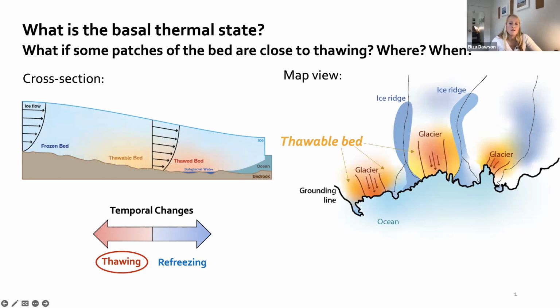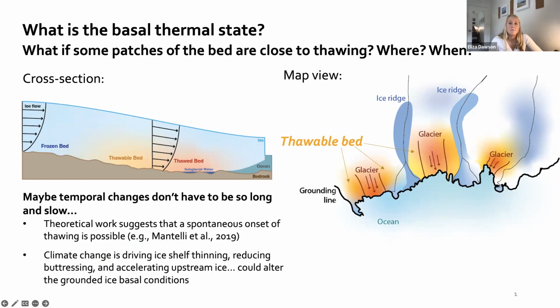And I want us to consider, what if some patches of the bed are close to thawing? Basically, as you can see in yellow, what if some parts of the bed are currently frozen but could be thawable? And where across Antarctica might these regions exist, and how imminently could they thaw?